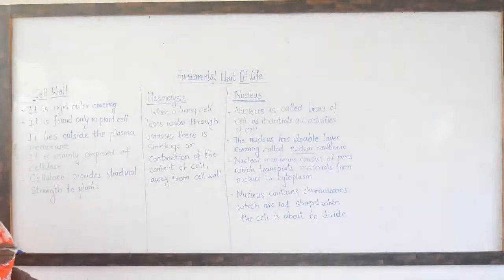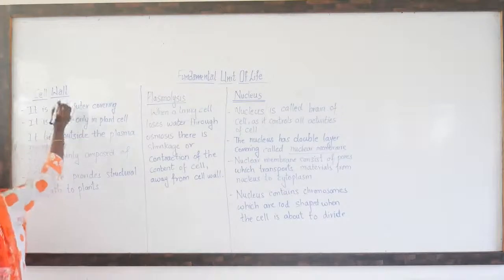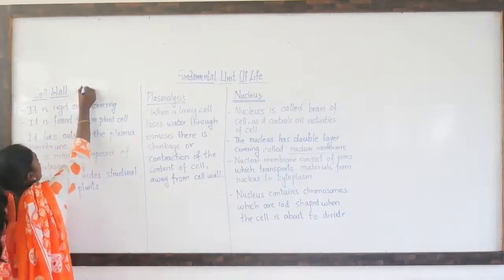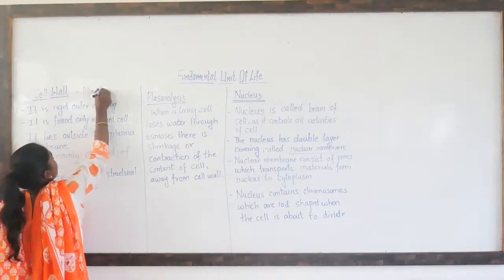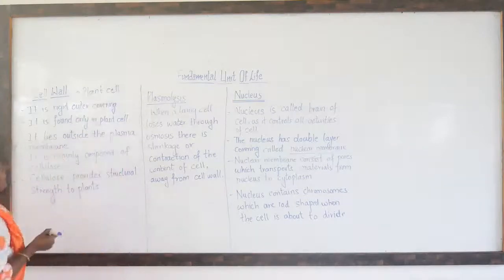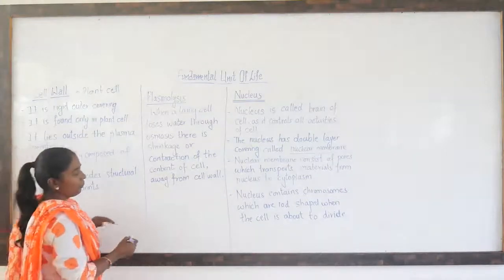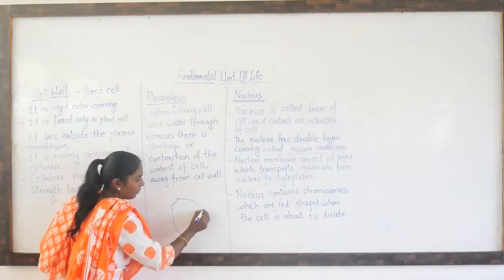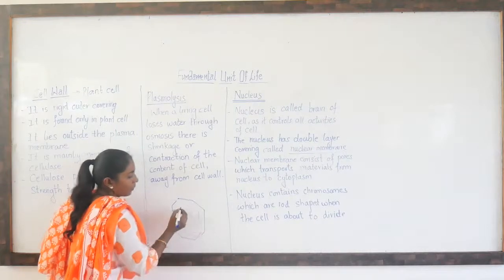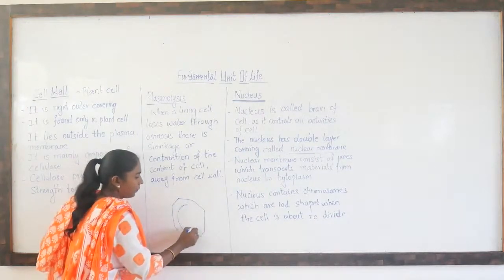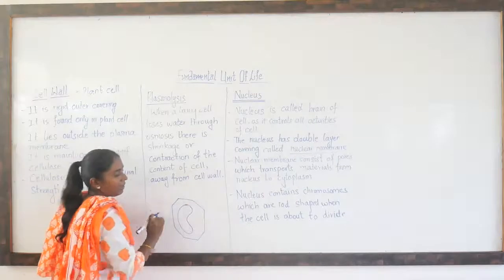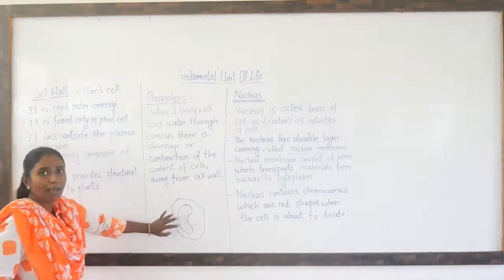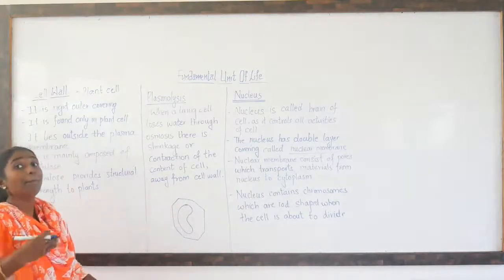Remember children, cell wall is present only in plant cell and it is absent in animal cell. So once again I say cell wall is present only in plant cell. Okay. Now, if this is the plant cell, the inner layer is called as the plasma membrane or cell membrane.